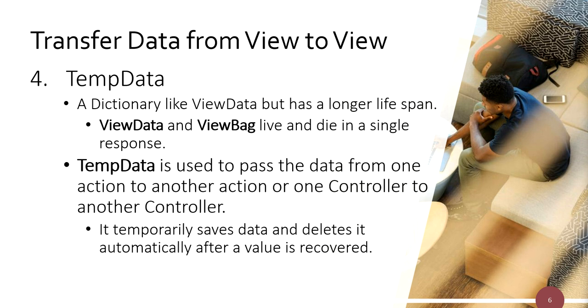Well, that's a perfect situation where TempData works. We can't use ViewData, because if I add it to ViewData right inside the edit action, well, it'll be gone. It won't live long enough once I redirect back to the index. But adding it into TempData will work. I can redirect to the index action, and that will be included in the data that's sent down to the index view.